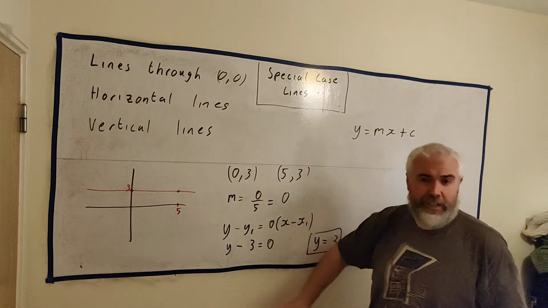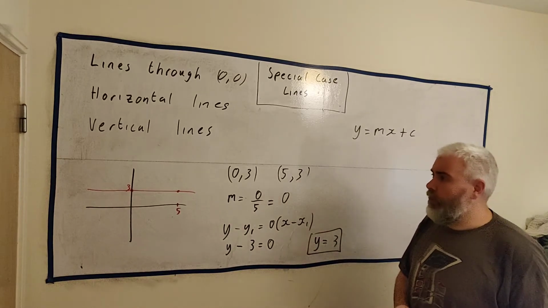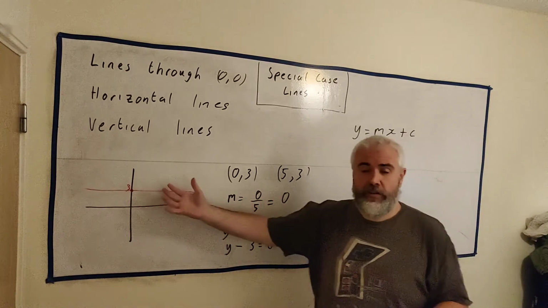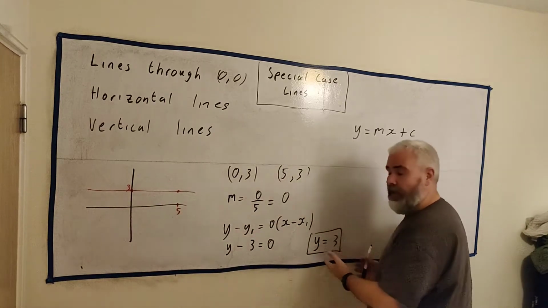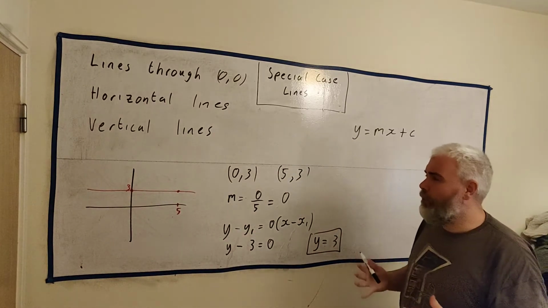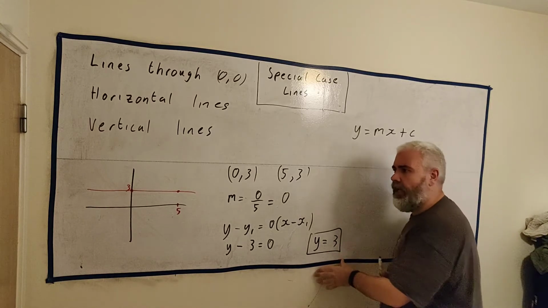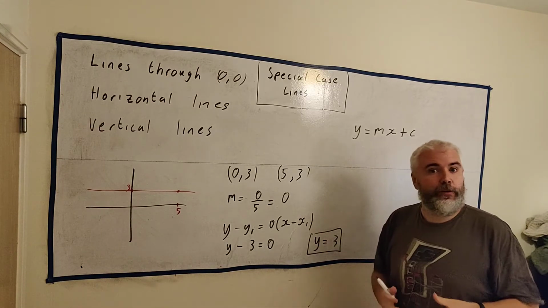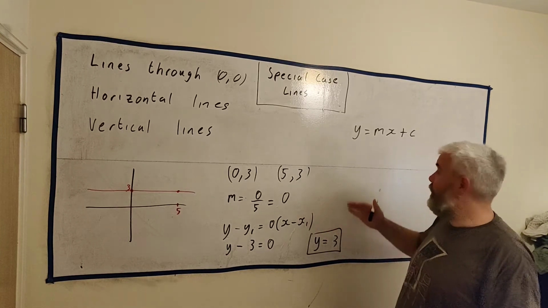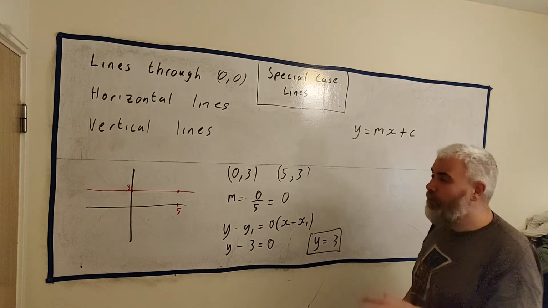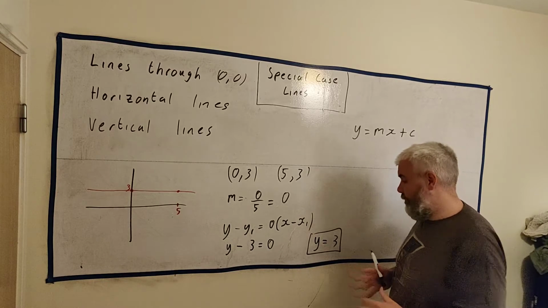Of course, you don't have to do this maths for this question. Hopefully, when you get more used to it, you see a horizontal line. If you know what this number is, here's the equation. A better way to think of this is that an equation of a line is trying to tell you every point on a line. When there's an angle involved, it's very complicated. It looks like this. But for these straight lines, it's not very complicated.